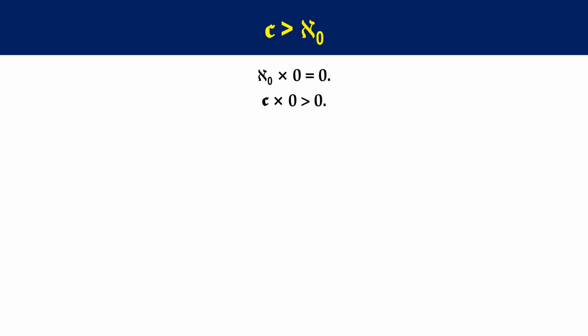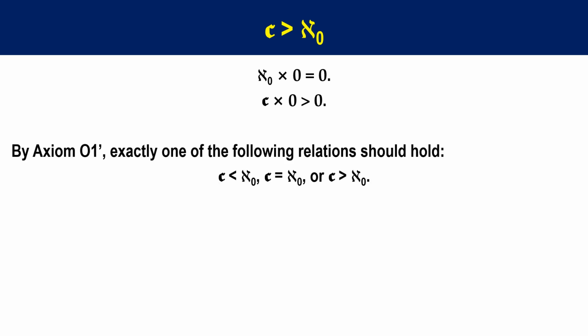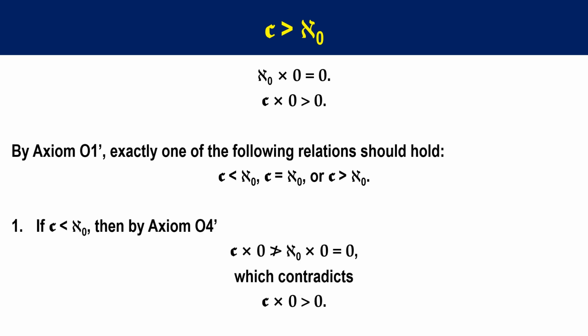Then we can prove C is larger than Aleph null. We know Aleph null multiplied by 0 equals 0. C multiplied by 0 is larger than 0. By axiom O1 prime, exactly one of the following should hold: C is smaller than, equal to, or larger than Aleph null.